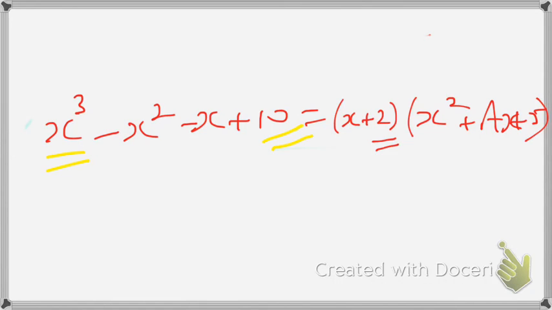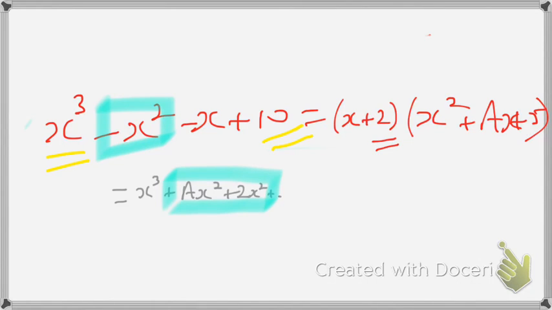And now I just expand the right hand side. So I get x cubed plus ax squared plus 2x squared plus, and I stop. I don't care what happens next, because I know that this is the entire x squared term, which means that it must be exactly the same as this, so therefore a must equal minus 3, because minus 3 plus 2 is minus 1.